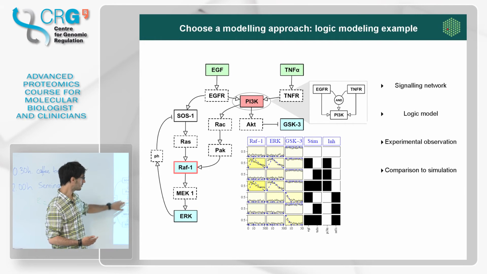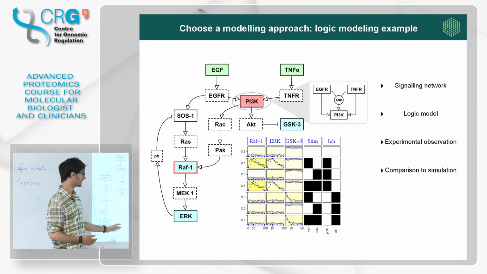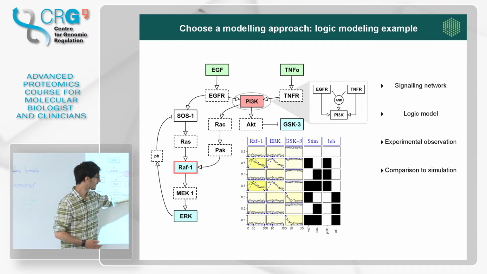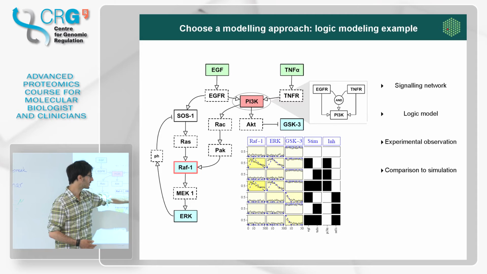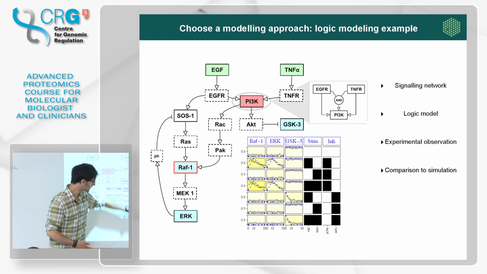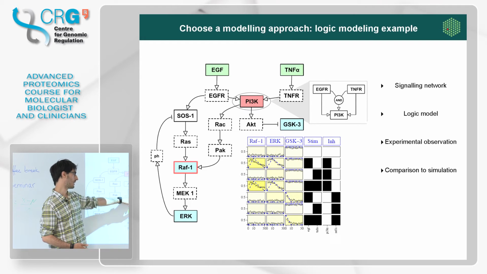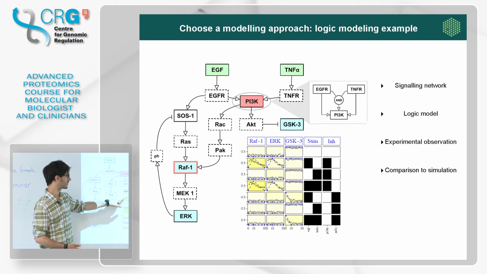The blue nodes are the ones in the columns, and they are the ones that we can measure. And this is an experiment where we used neither stimulation nor inhibition. This is another experiment where we use this stimulus and this inhibitor, and so on. So upon these different experimental conditions, we can measure this data, which is shown here in black. And we can also simulate it, which is shown here in blue.